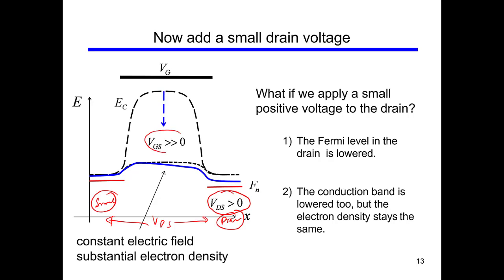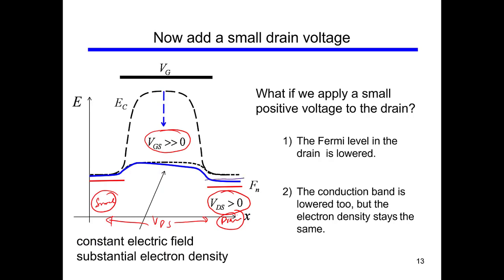And VGS is also greater than 0, so the potential barrier is low. But because of a high VDS, you see the Fermi level, so this was the Fermi level before, somewhere here.